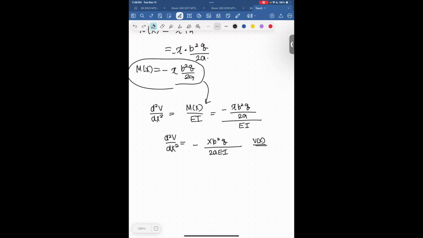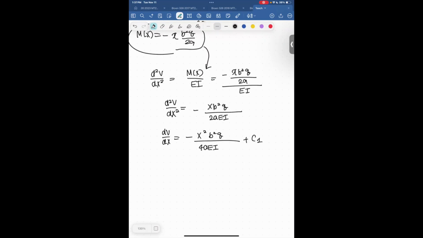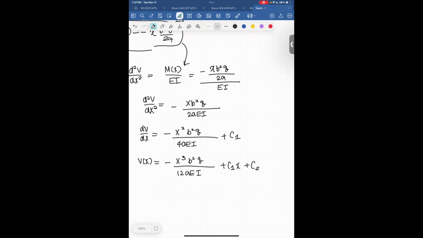So let's do that. Let's first take the integral of this equation, and we'll get dv/dx, right? dv/dx is equal to this, and then Vx is equal to here.